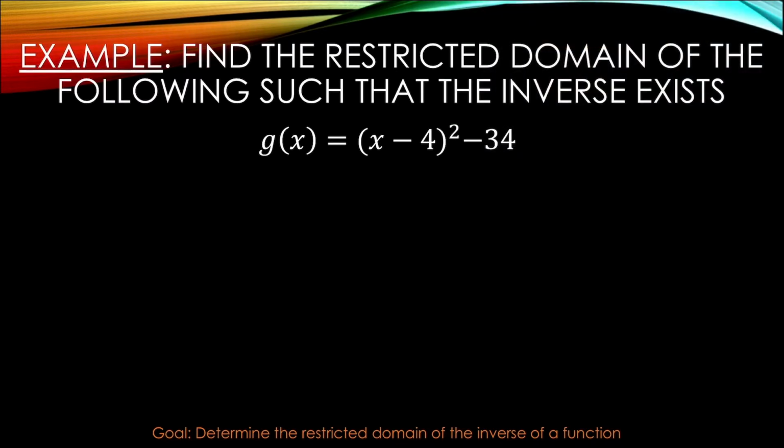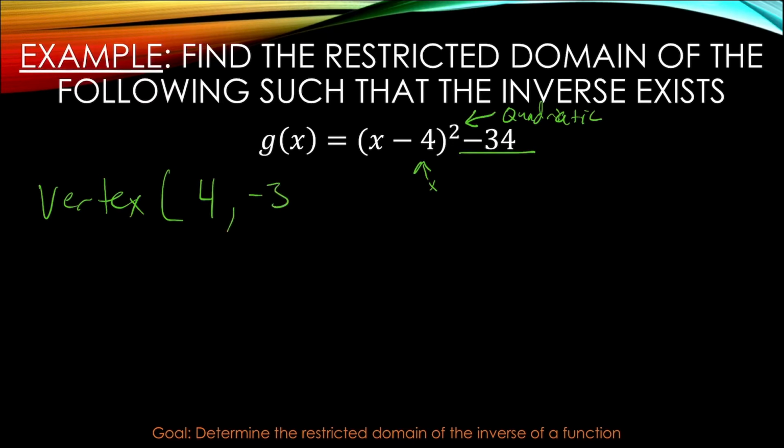Find the restricted domain of the following such that the inverse exists. First of all, we know it's quadratic because I see that square there. Next, I'm going to find my vertex point. This is my x coordinate, so that's going to be a positive 4, it's always the opposite, and a negative 34.